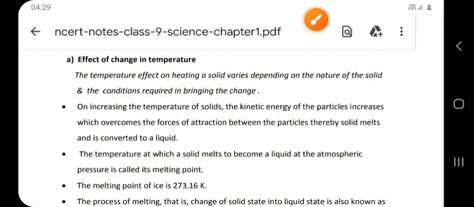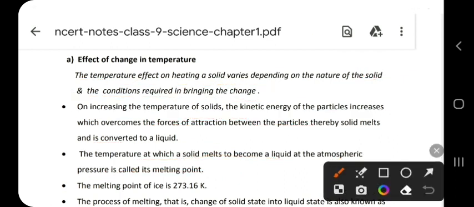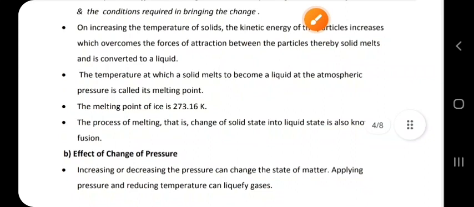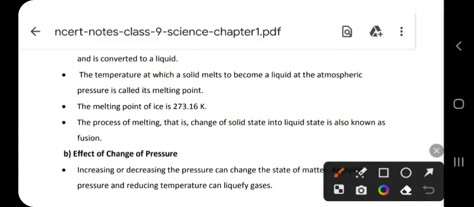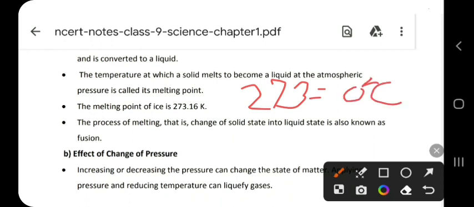You know what the boiling point of water is? 100 degrees Celsius is the boiling point of water. The melting point of ice is 273.16 degrees Kelvin. 273 Kelvin is equal to 0 degrees Celsius.